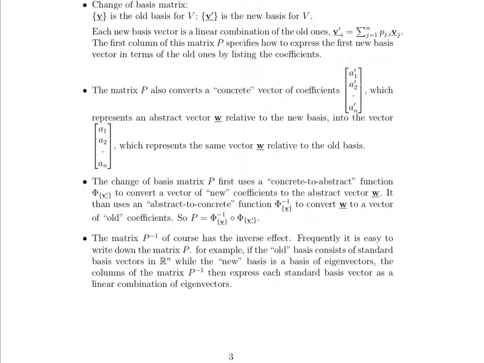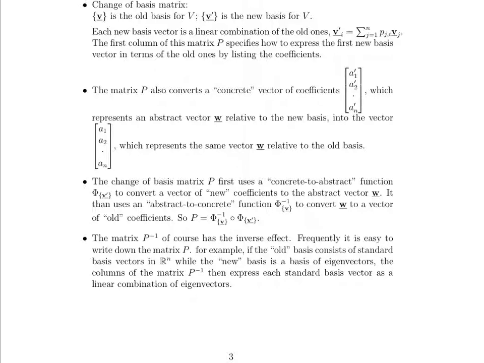Now, what is P really doing? Well, it's manipulating the concrete to abstract function, the idea of going from an element of an abstract vector space to an element of Rn that represents that element of the abstract vector space. So the very first thing that P does is it takes a vector of new coefficients and converts it to an abstract vector. And then it takes that abstract vector and spits out a vector of coefficients, but now with respect to the old basis, right?